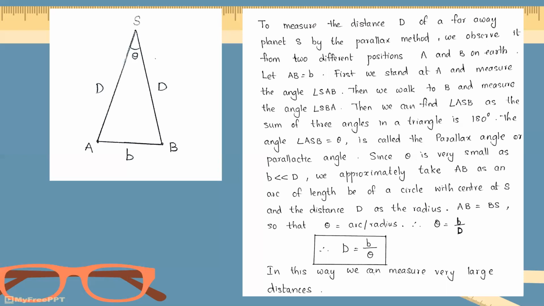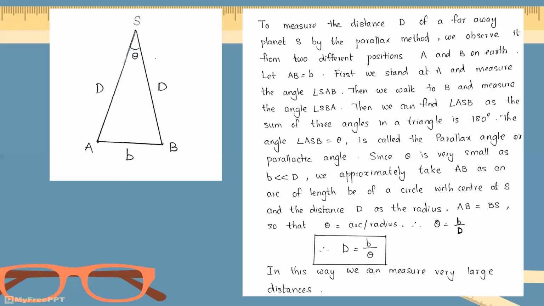That distance is very small when compared to the distance between earth and a planet. Therefore, small b, the distance between the two points A and B from which we have observed the planet, is too small compared to capital D, the distance of the planet from the surface of the Earth.